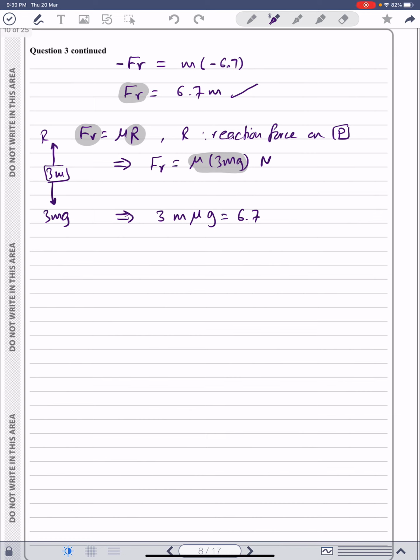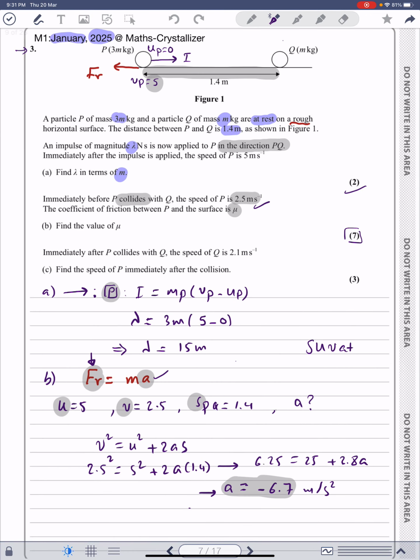Sorry, times 3m, which is the mass of the particle, 3m, particle P. By simplifying the equation, 3 with 3, m with m, like terms, getting that mu is equal to 6.7 divided by g, which is 6.7 divided by 9.8, getting mu equals 0.68. 7 marks are deserved.